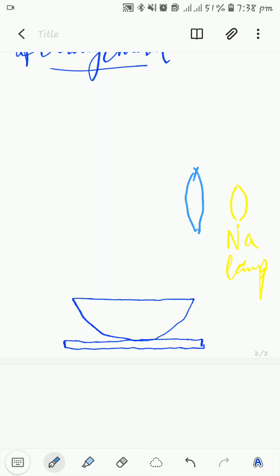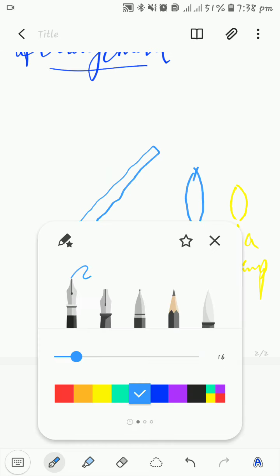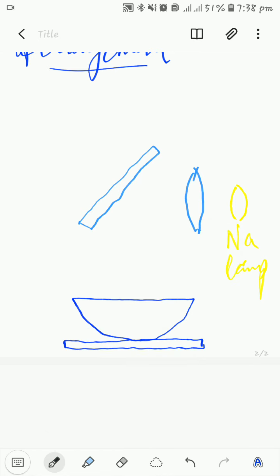So here there is a glass plate inclined at an angle of 45 degrees. So what happens here is, light is collected and converted in the form of a parallel beam.